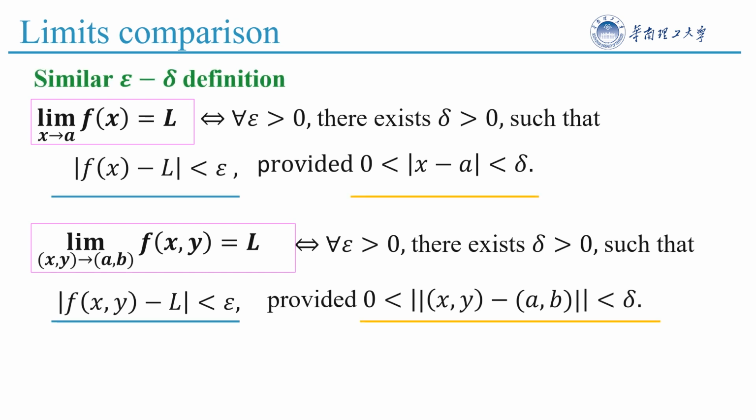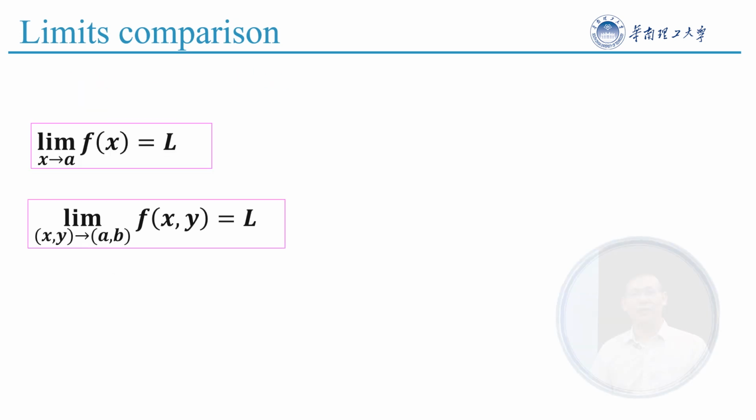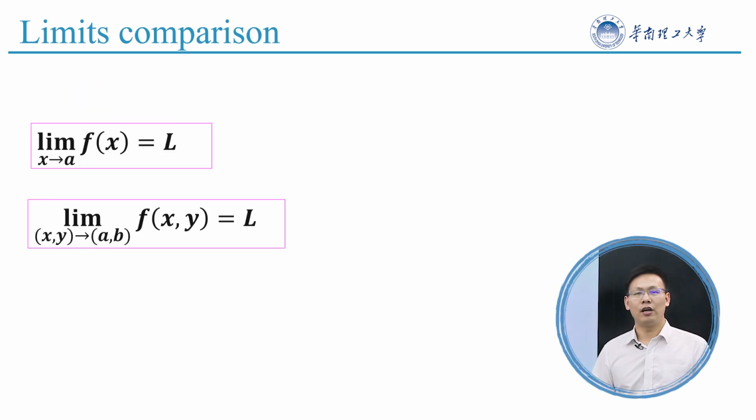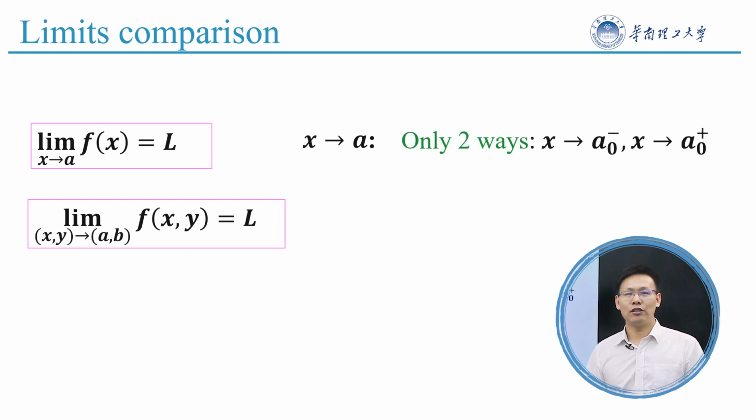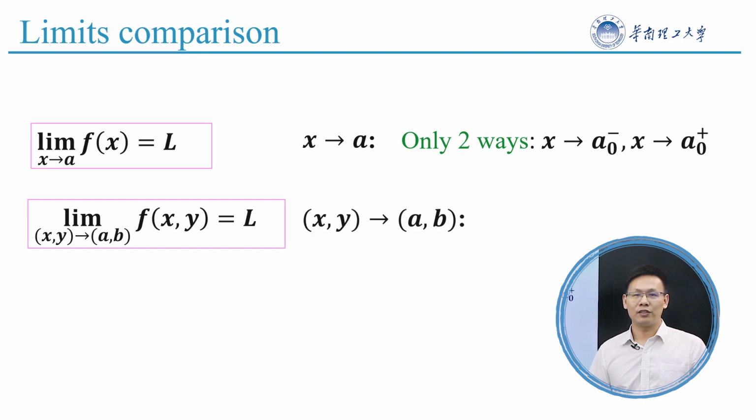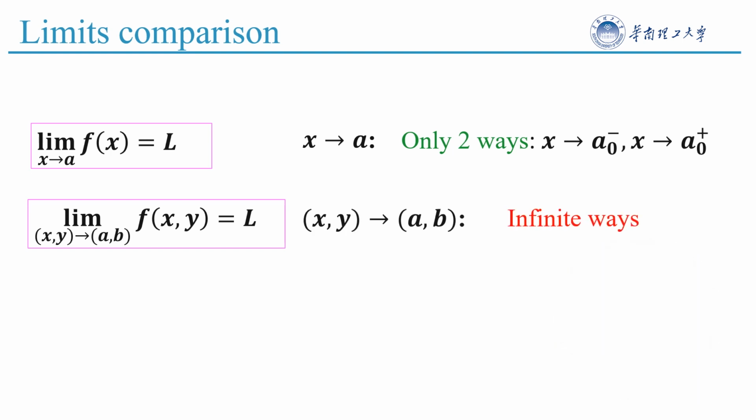On the other hand, for the approaching in the limit definition of one variable function, there are only two ways that x approaches A, but in that of multivariate functions, there are infinite ways that (x,y) approaches (A,B). This is the essential difference between the limits of one variable and multivariate functions.